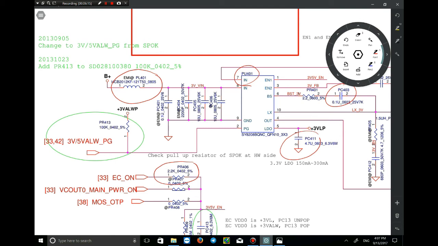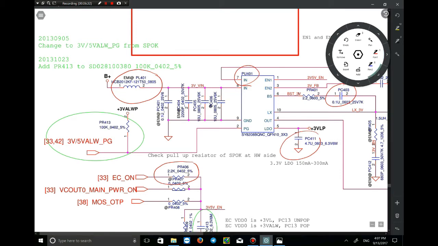All numbers of the components are over 400. This is the 3 and 5 volt power always block. So codes 400 are related to the 3 and 5 volt power always, as you can see in here.